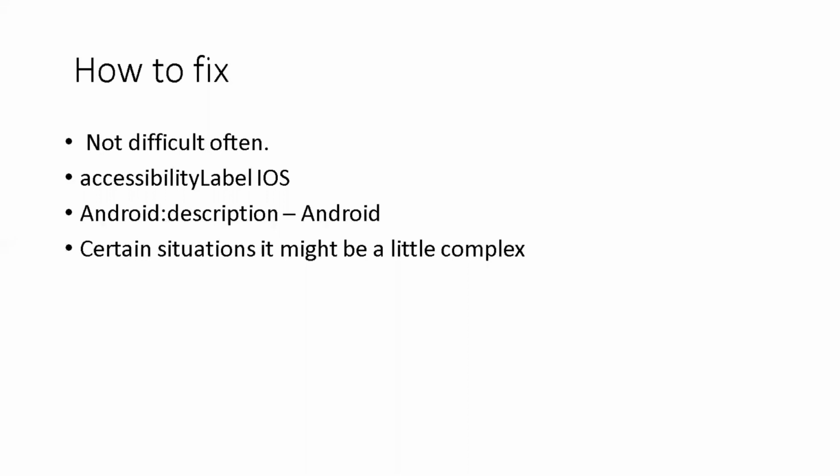It might be difficult in certain situations where the views or the values of the buttons are not native, a little complex, where you have dynamic buttons, like play or pause. At a given point you will see play or pause as a label. So you can pass on the string value depending on the accessibility label, or the Android content description can be passed on as a string depending on the dynamic value that is populating.